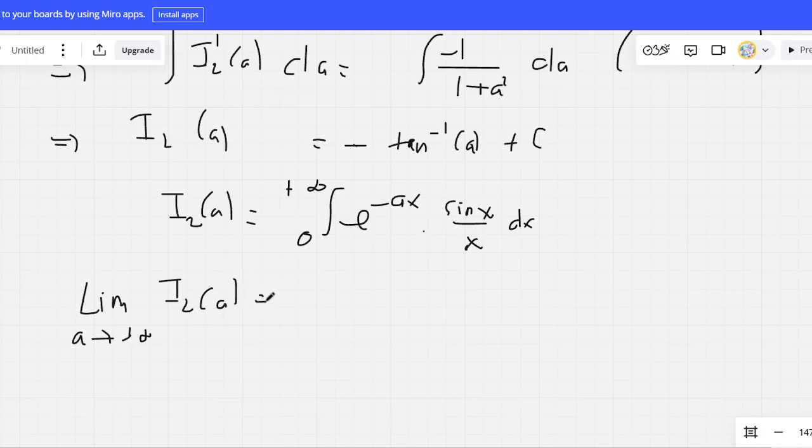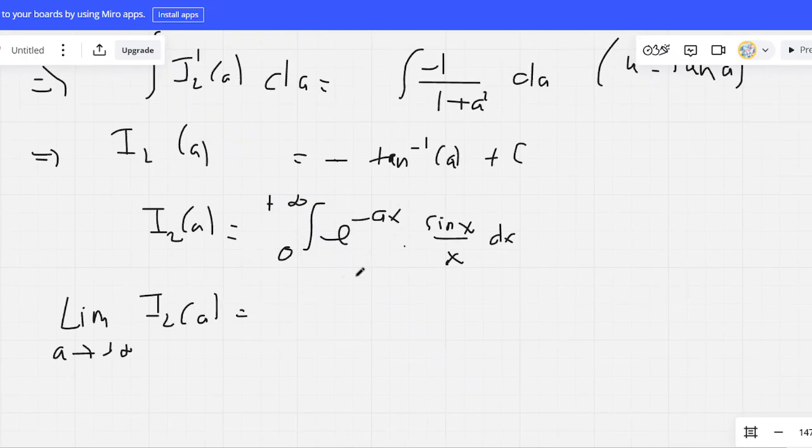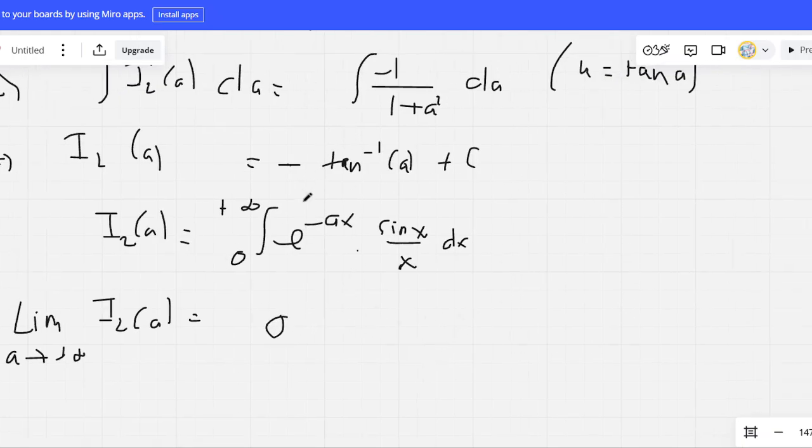Well, what would happen here? As a approaches infinity, this thing here approaches 0. This whole integral now collapses to just 0. And as a approaches infinity, the inverse tangent goes to pi over 2. So we get pi over 2 plus c.